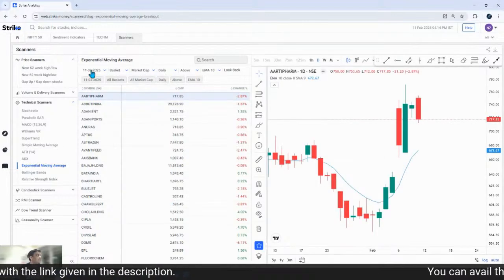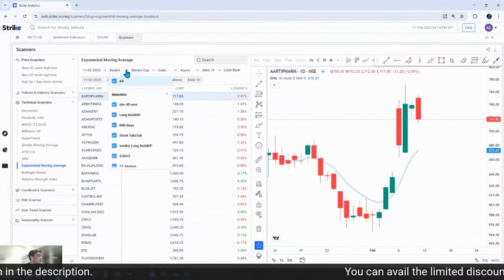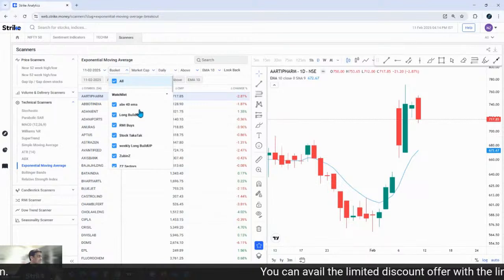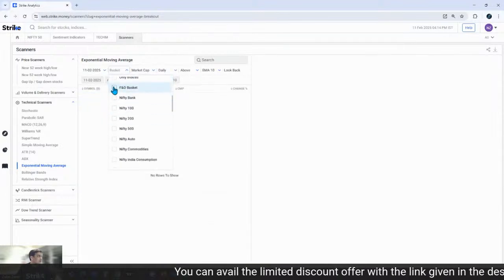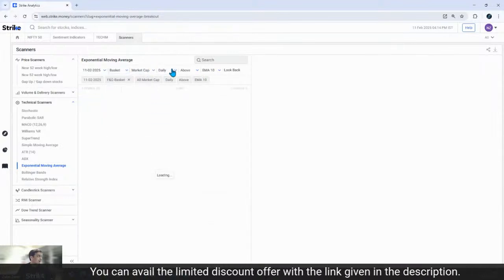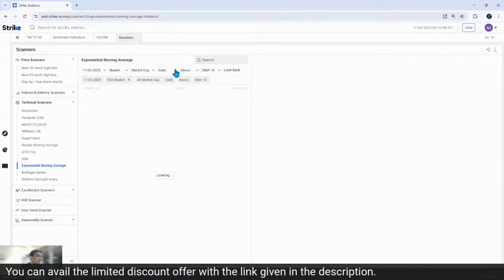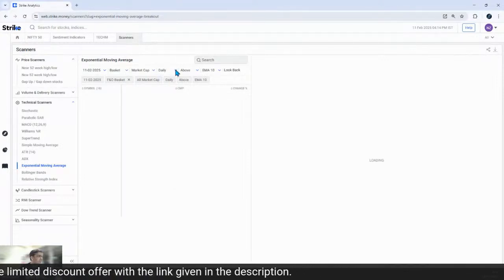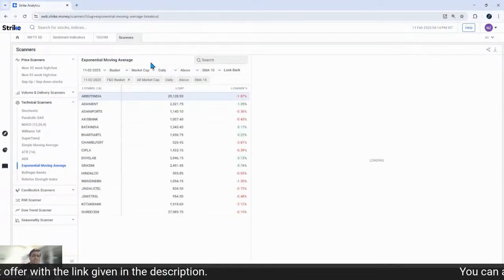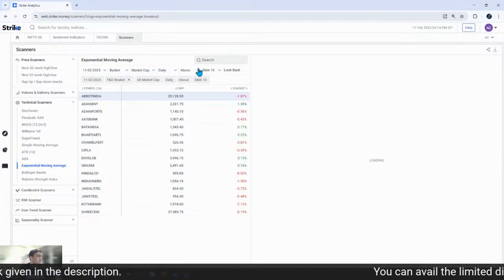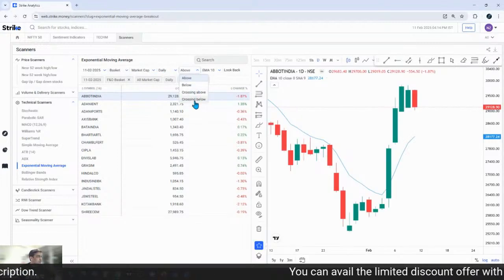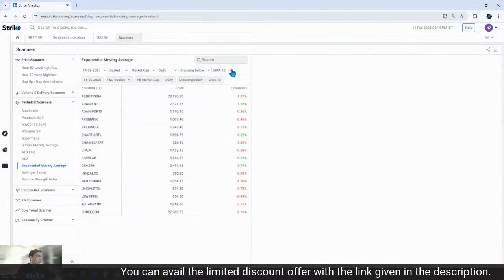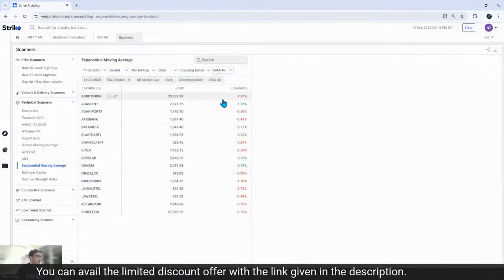All right. Then I can say over here, basket I will select is F&O basket, and time frame chart maybe daily, or you can also look at hourly, but I'll stick to daily time frame chart. I want the stocks which are crossing below 40 EMA.